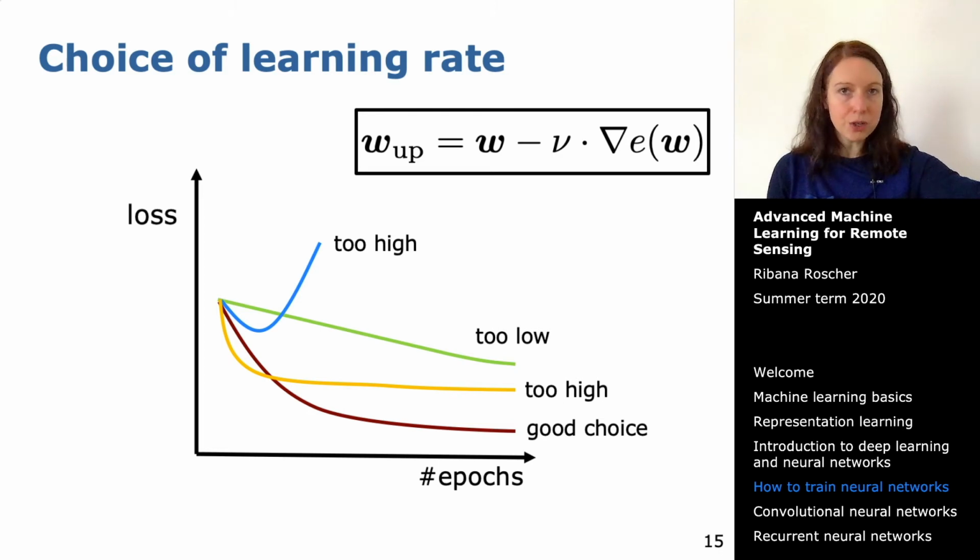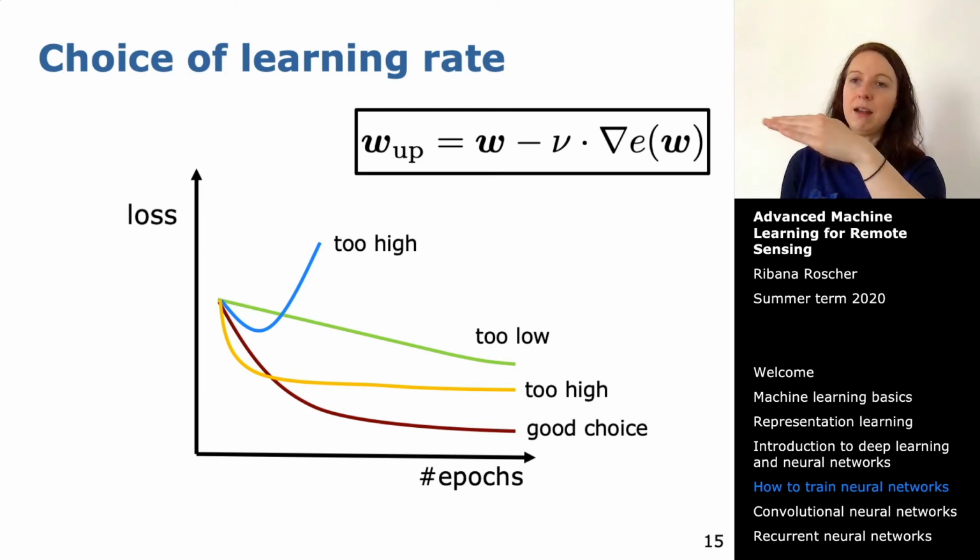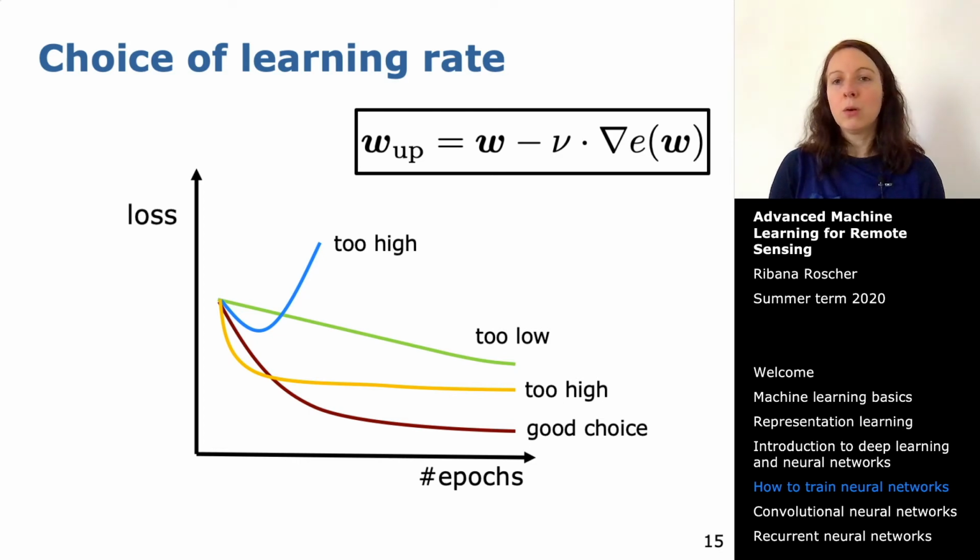It's not diverging, and it does not show this very flat behavior. So it's always a good idea to play around with the learning rate a bit, or to use a learning rate schedule. I will talk about it more on the next slides.